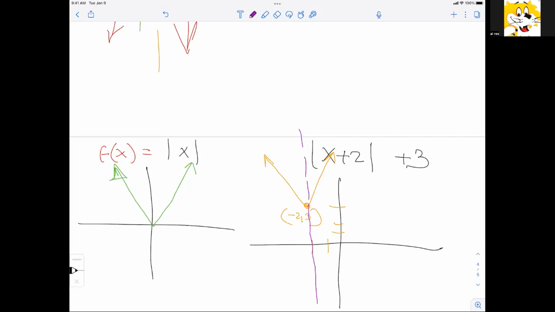I would be putting an imaginary line parallel to the y-axis there. But what's the formula that I have to use? Is it going to be y is equal to something, or x is equal to something?